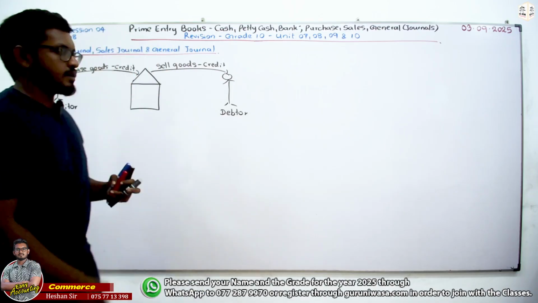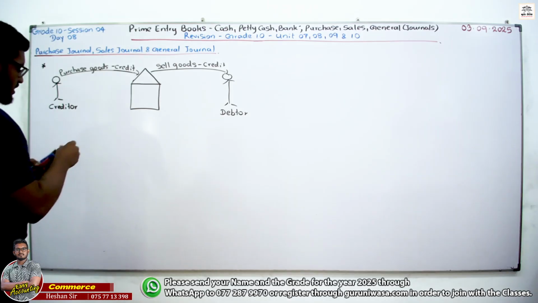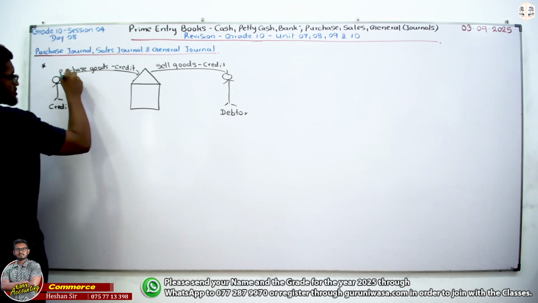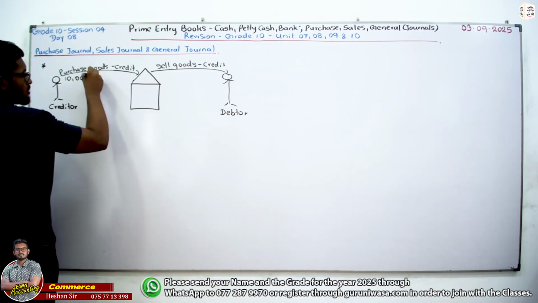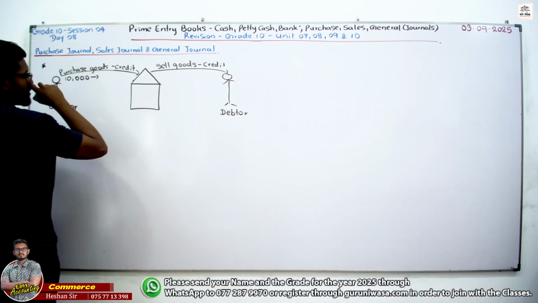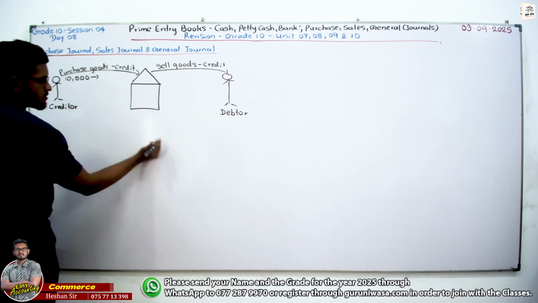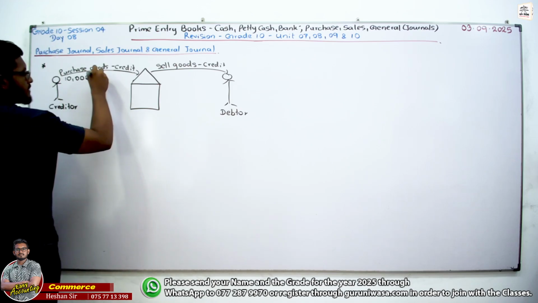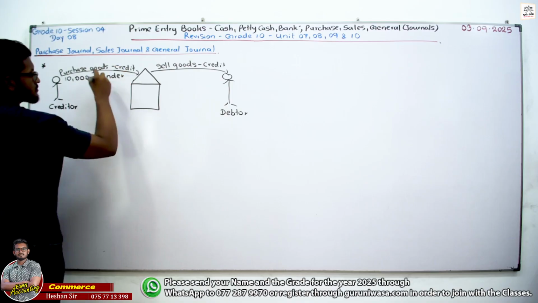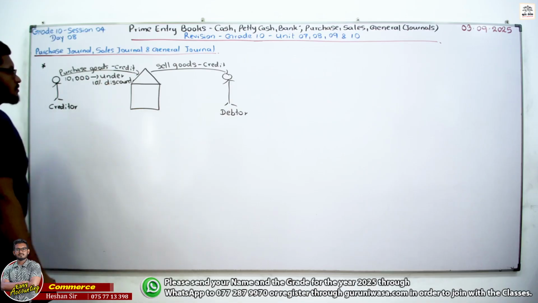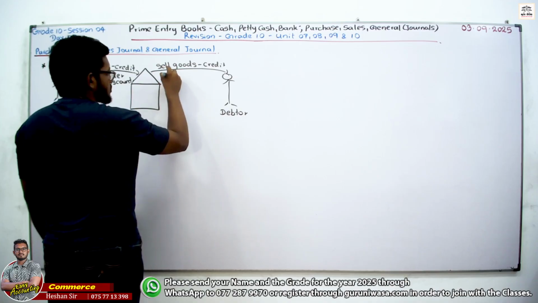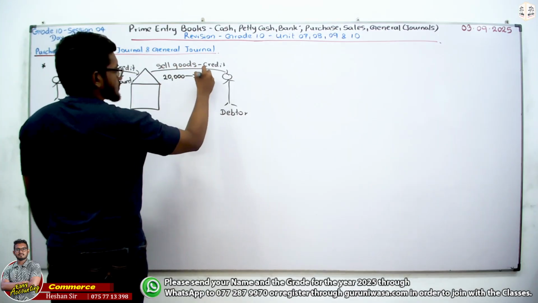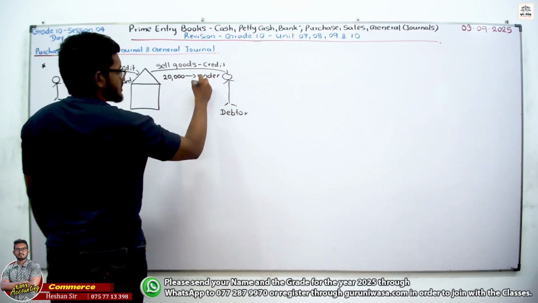Now think we purchase goods from this person, 10,000 under 10% discount, and also we sell the goods on credit basis 20,000 under 5% discount.